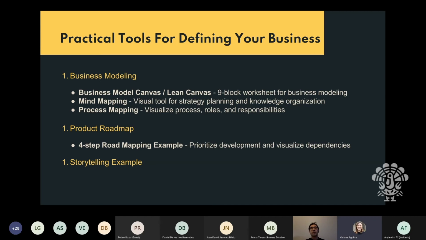Danny, are you moving your slides? I am. Do you see business model canvas? No, I still see practical tools for defining your business. Really? I've moved 3 slides since then. Hold on. Do you see my PowerPoint here? Not yet. Okay. Are you guys still seeing the same slide? I do. Okay, practical tools for defining your business. Yeah. Okay.